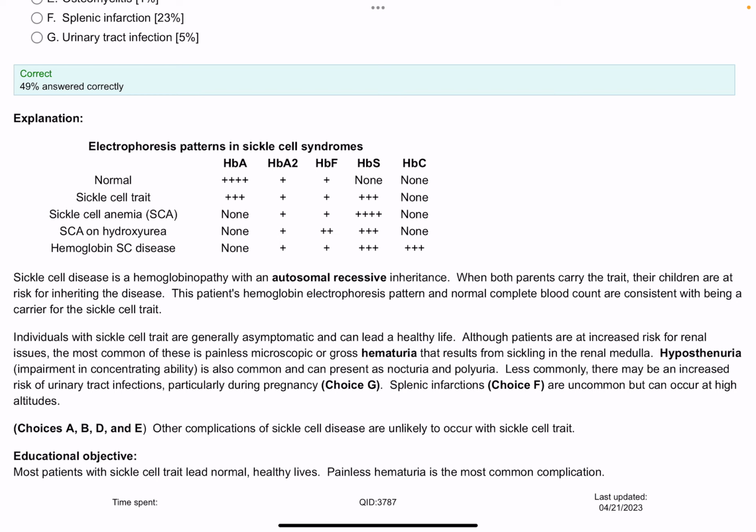So most commonly it's hematuria, then hyposthenuria, and less commonly there may be an increased risk of UTIs, particularly during pregnancy, and splenic infarction is also uncommon but can occur at high altitudes.